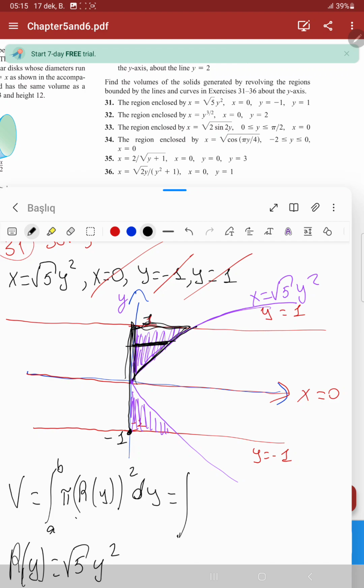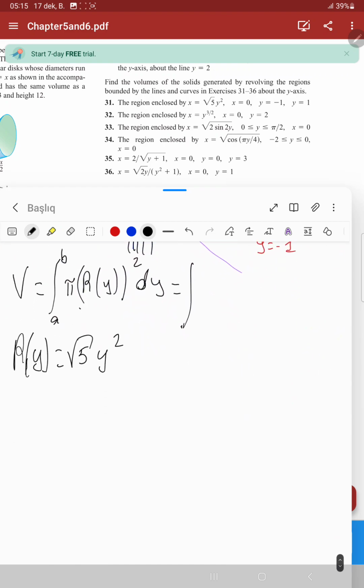We cannot go below this point or above that point: -1 to 1.